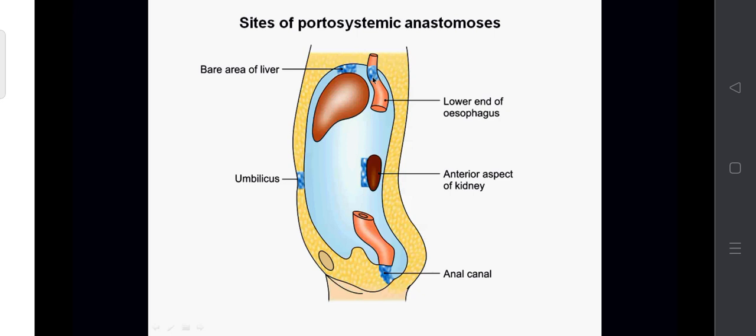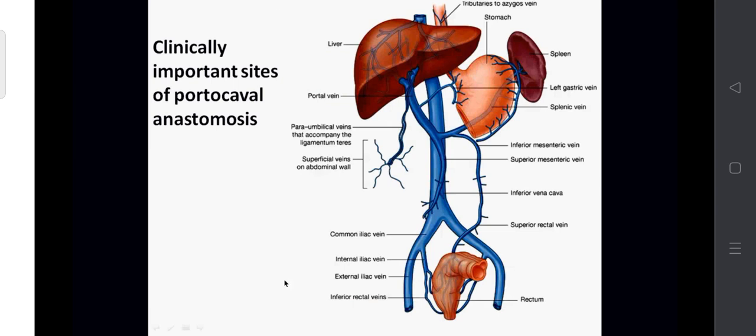Then the lower end of esophagus, the bare area of liver, the posterior abdominal wall, anterior aspect of kidney, anal canal. These are all the sites where there is anastomosis between the veins draining blood into portal vein and the veins draining blood into the systemic vein. Few of these anastomoses are clinically important, especially in portal hypertension, that we will discuss now.